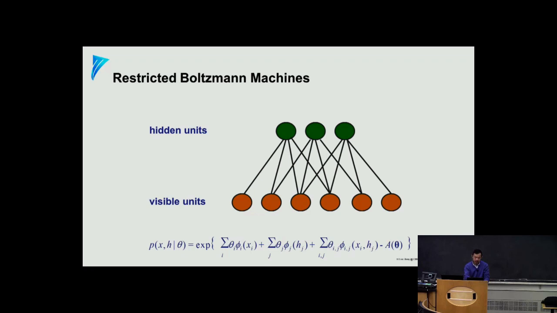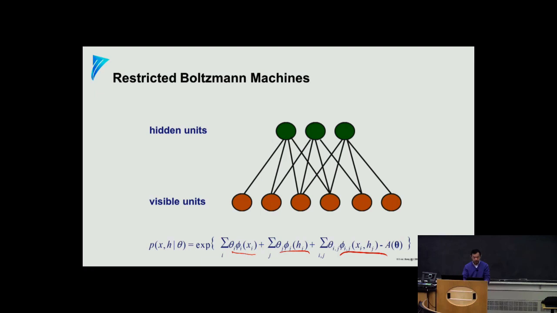Graphically it is like this: you have 2 layers, one hidden and one visible, connected in a bipartite fashion. Defining a joint can be done in multiple ways, and here is an easy way. You just write down singleton and pairwise potentials in a certain way.